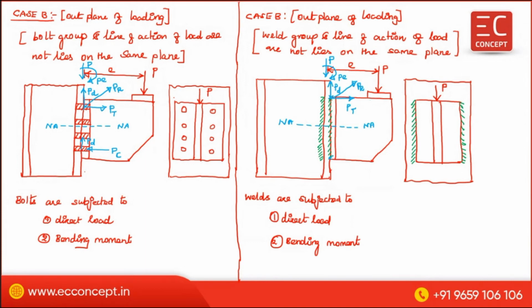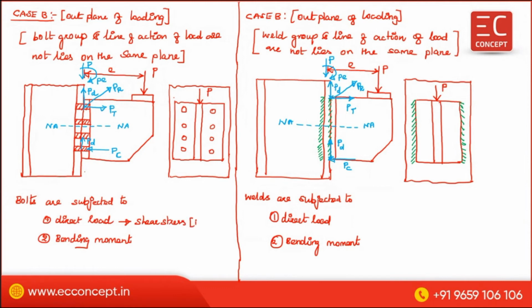Similarly, at this point, we can write PD, but at this point below the neutral axis, it is subjected to compressive force PC. Okay, compressive force PC. Now we can write here, due to direct load, the corresponding stress is the shear stress.